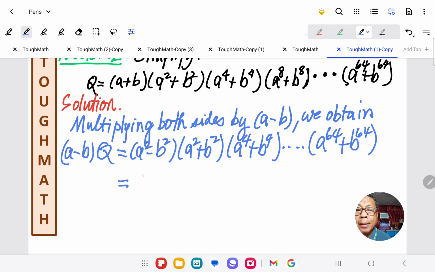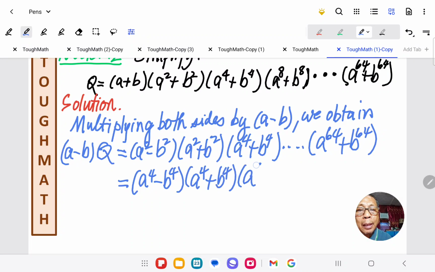And then A squared minus B squared times A squared plus B squared is equal to A to the 4th minus B to the 4th times A to the 4th plus B to the 4th times A to the 8th plus B to the 8th, and so on until the last factor A to the 64 plus B to the 64.